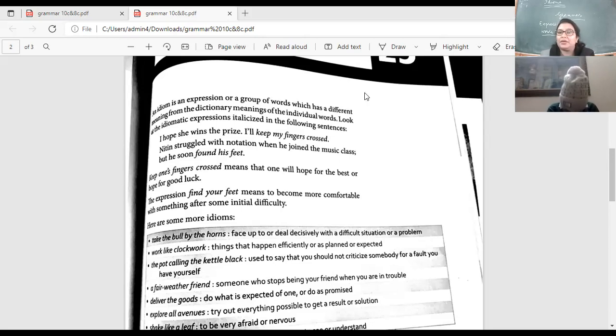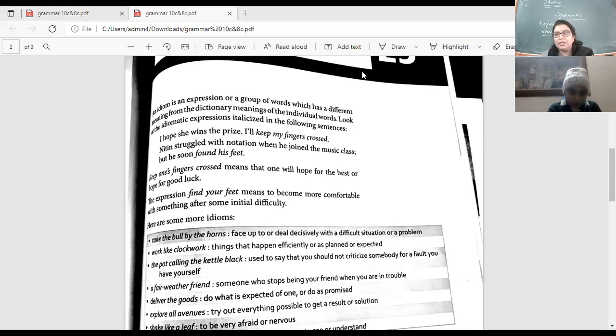Now, as I've just discussed with you, we've talked about phrases, we know what clauses are. Today we are going to discuss idioms. Idioms are expressions, and expressions are used to make our conversation, whether speaking or writing, better.